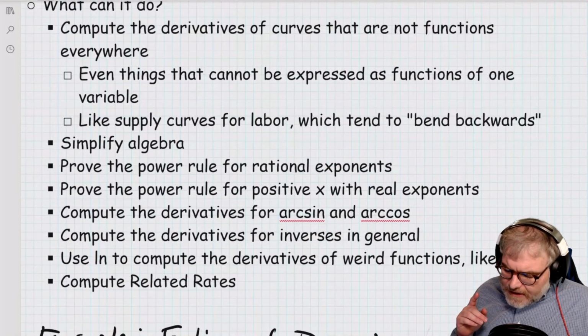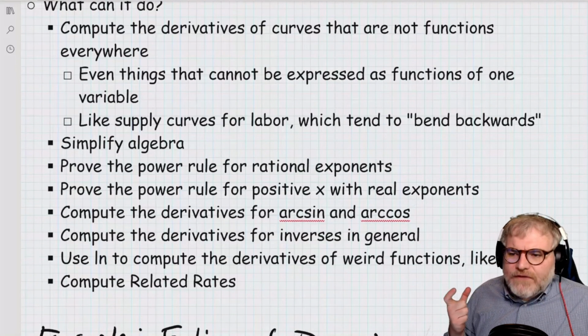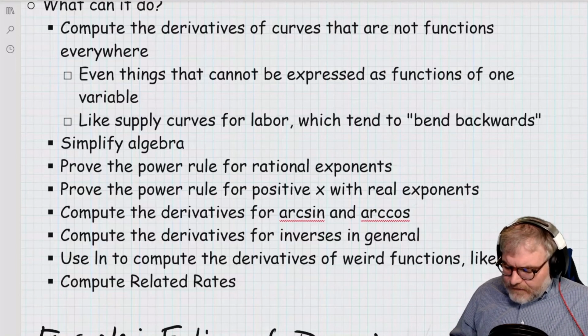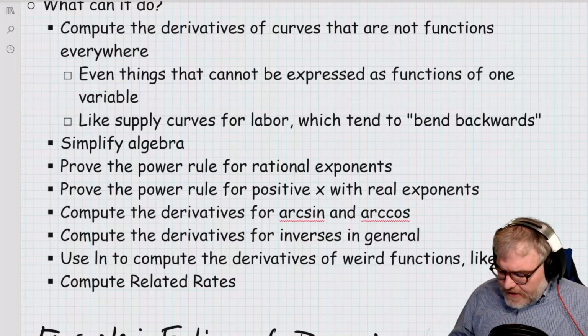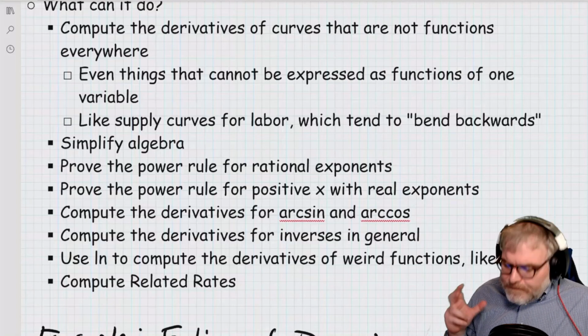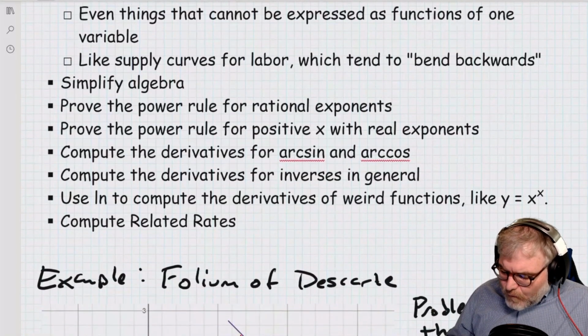It's also going to let me prove the power rule for rational exponents. Later it's going to let me prove the other version of the power rule, for real exponents, so we'll get logarithmic differentiation out of implicit differentiation. It'll let us compute the derivatives of arc sine and arc cosine, derivatives for inverses in general, and weird derivatives.